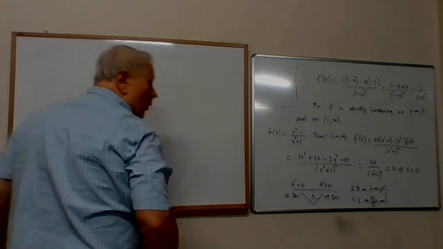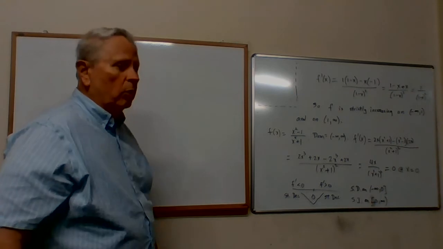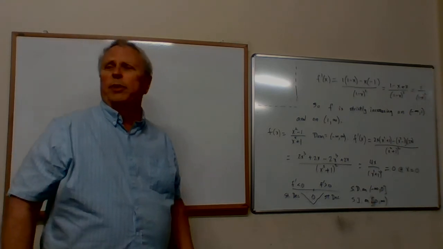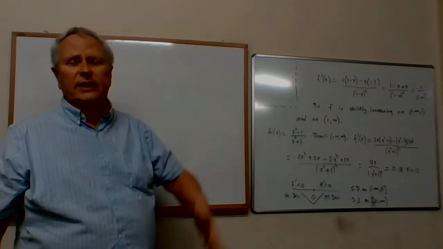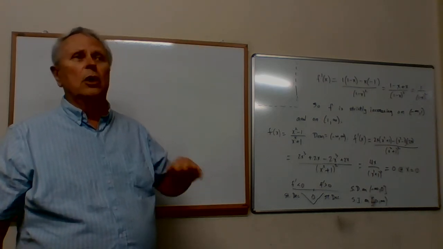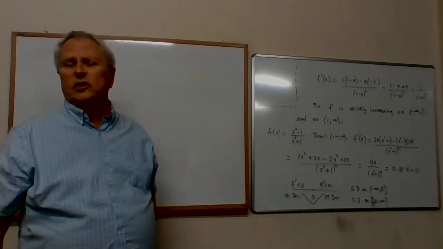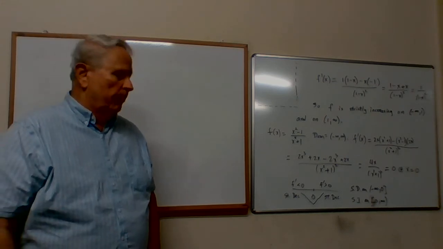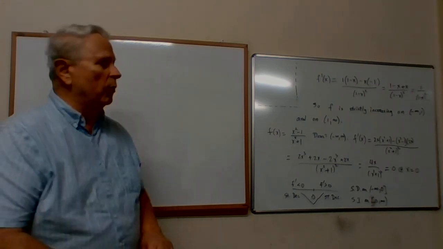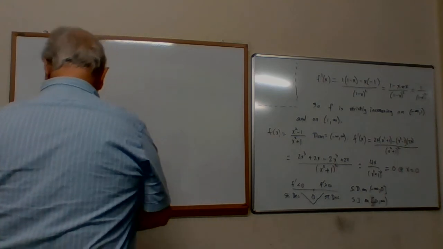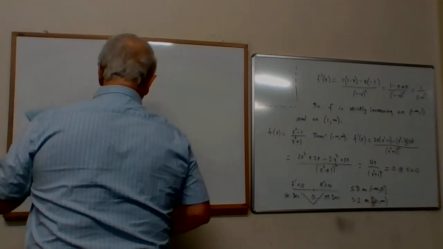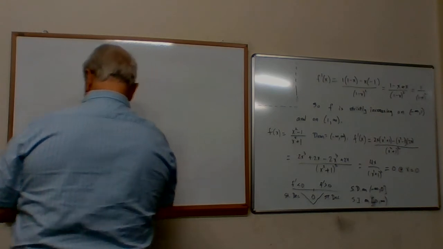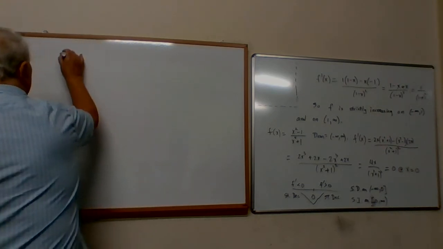If you have a graph, you already know that a function is one-to-one if it passes the horizontal line test. Vertical line test is a test to see if it's a function. Horizontal line test is a test to see if it's one-to-one. But a really nice test for one-to-oneness is if it's strictly increasing or strictly decreasing.